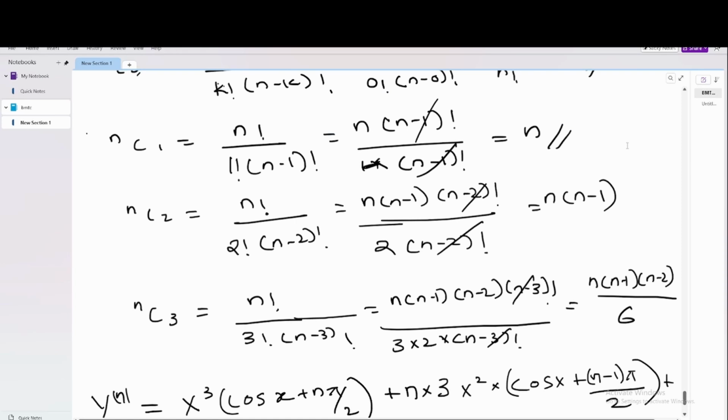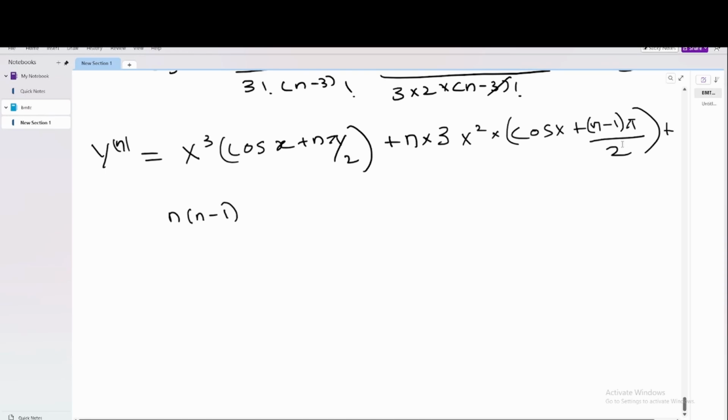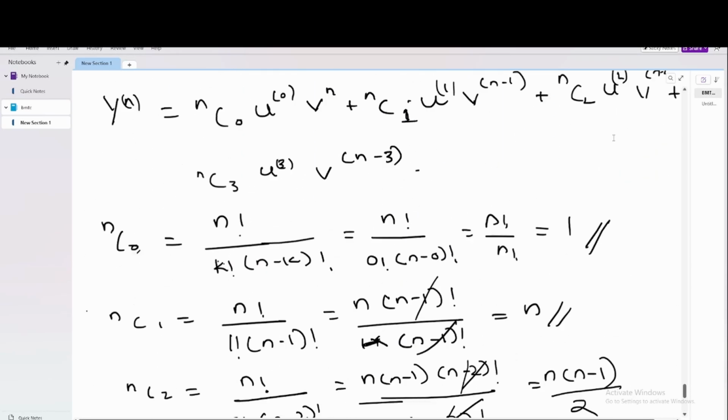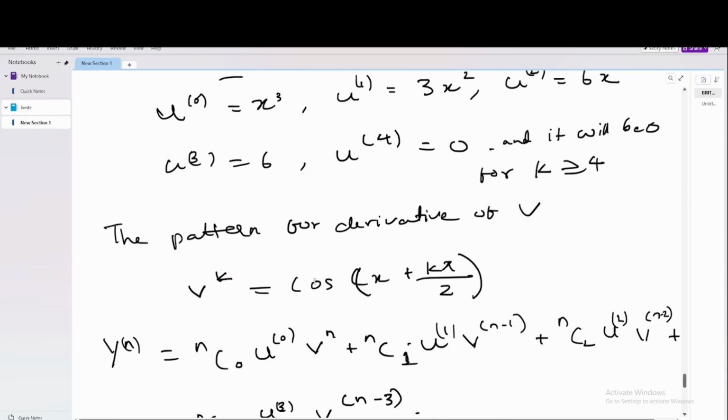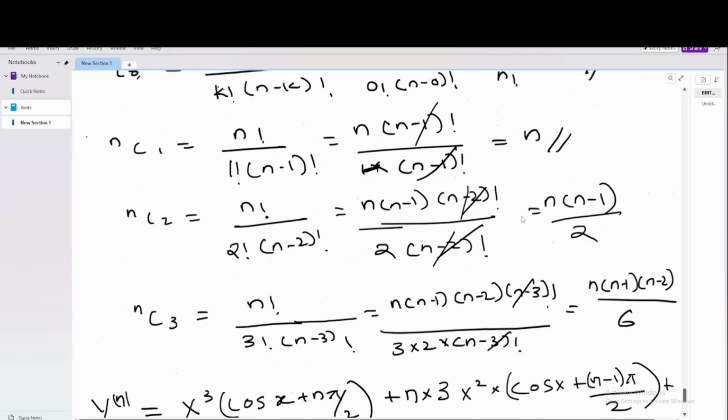Here there is one mistake. Here there is 2, and only these cancel, so it is n into n minus 1 by 2. So here it is 2 into 6x, I think. Yes, 6x.